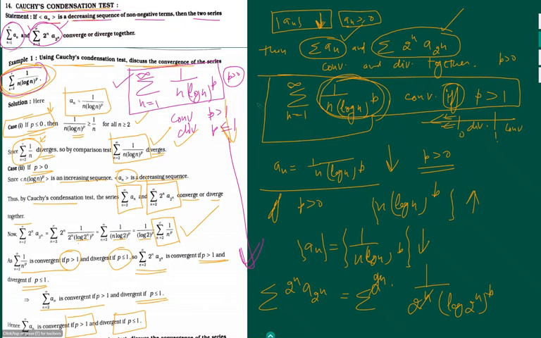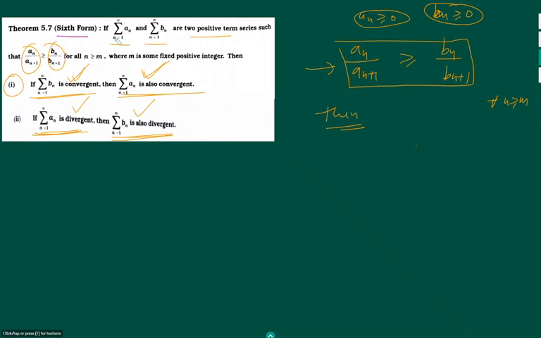Then we discussed one form of a comparison test: if you have two series an and bn, and if an over an plus 1 is greater than or equal to bn over bn plus 1 for all n greater than or equal to m, where m is any natural number, then the convergence of bn would imply the convergence of an, and the divergence of an would imply the divergence of bn. This comparison test we have already proved in the previous lectures.